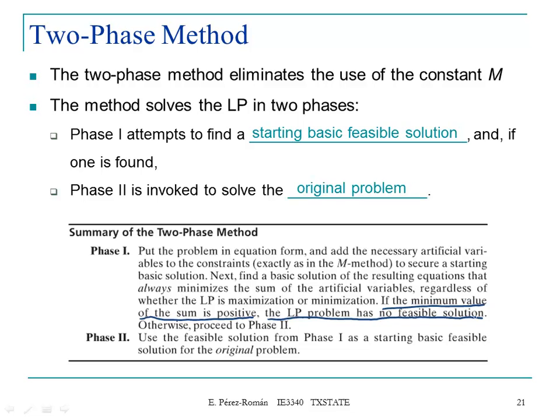Okay, so that minimum value has to be 0 or negative. If that is the case, if you find a 0 or a negative value, then you can proceed to the second phase. On the second phase, use the feasible solution from phase 1, the starting basic feasible solution, for the original problem, and proceed as the simplex method.